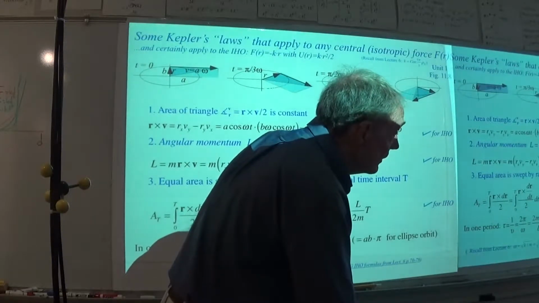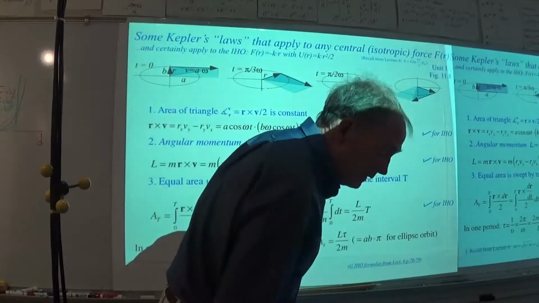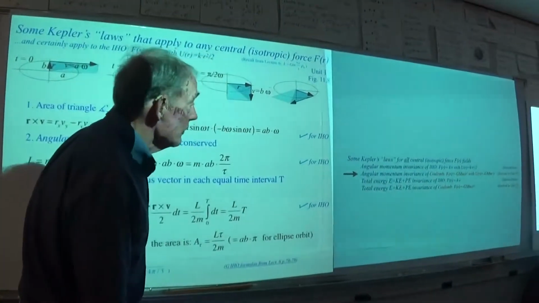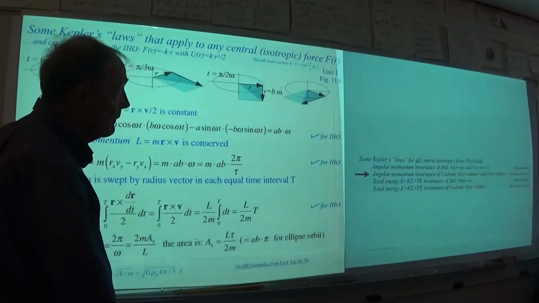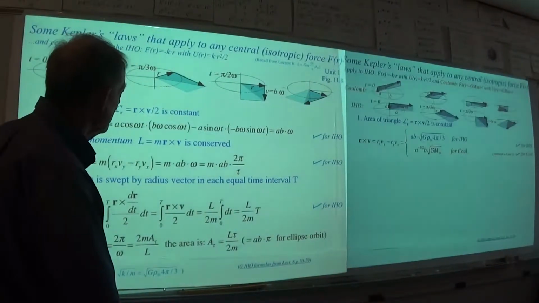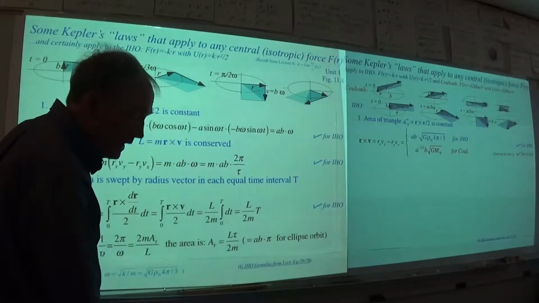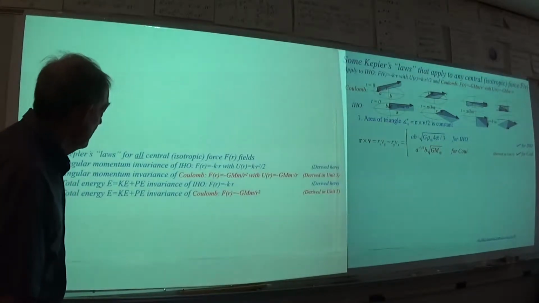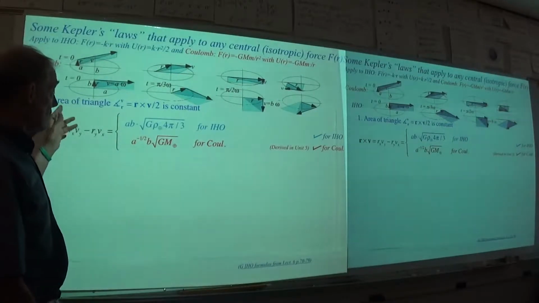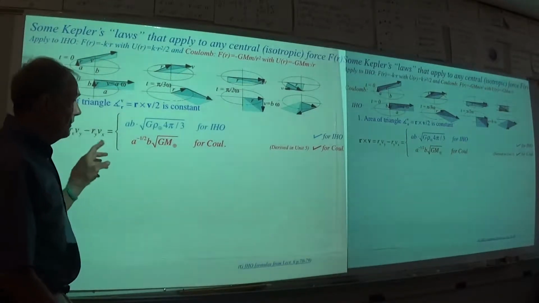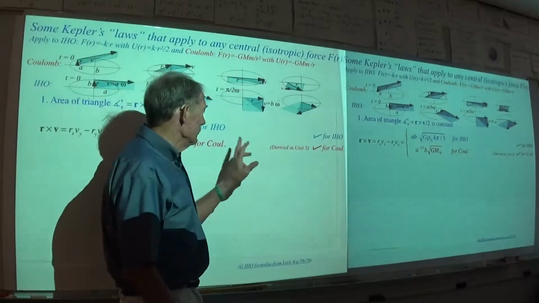Okay, now the next thing I want to show here that has to do with this is the use of the angular momentum invariance and also the energy invariance in these objects of motion here. The having this area be a triangle. Now, as I say, in Unit 5, we do the Coulomb.